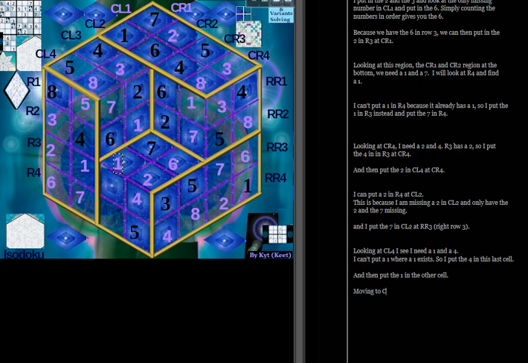Moving to column right 3, I need a 3 and an 8. I see a 3 in row 3.